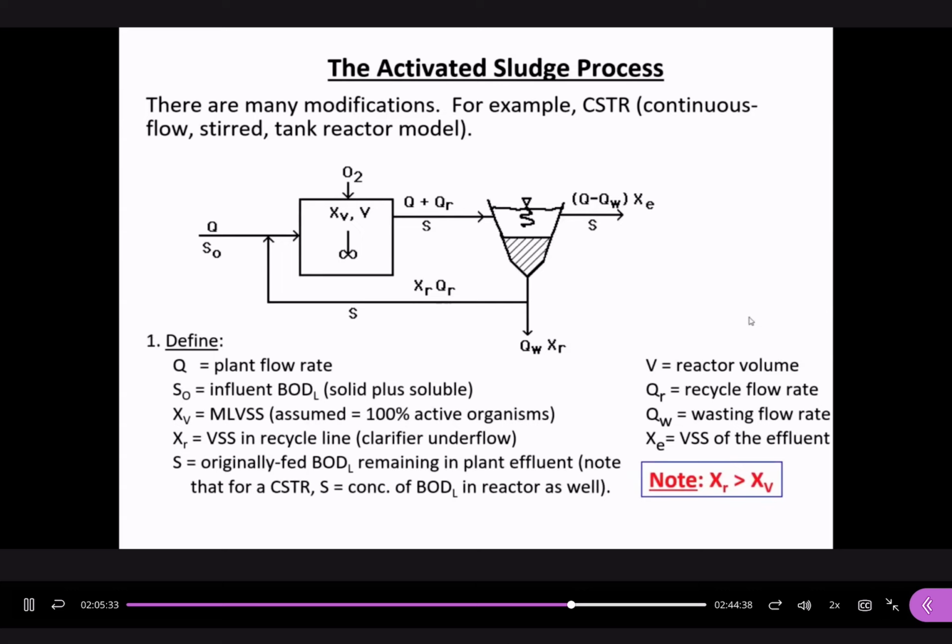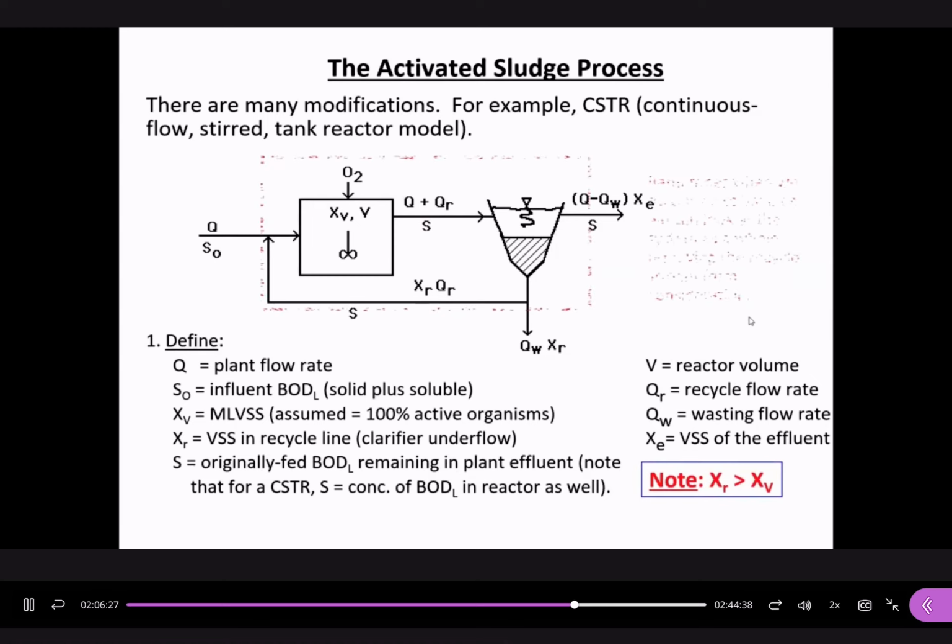That is the function of the secondary clarifier: to separate cells from the effluent. Just to give you a sense, X into the secondary clarifier is 2,000 to 4,000 milligram per liter. XR after clarification or settling could be 10,000 to 12,000, so it's very concentrated. XE will be very small, maybe 10 to 50 milligram per liter.